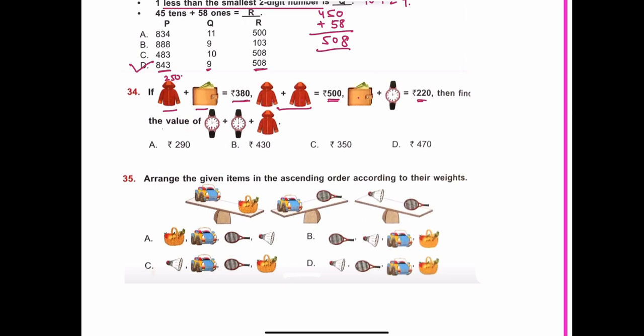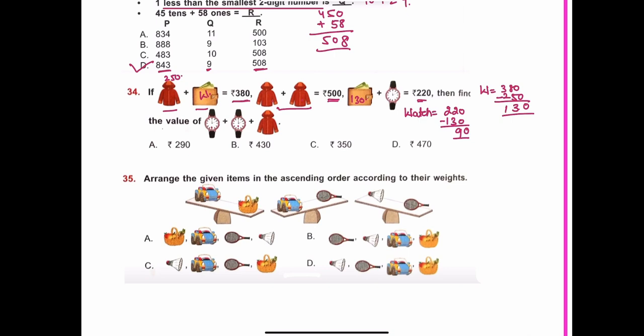So we will get the value of the wallet. The value of the wallet is 380 minus 250, so we get 130. And if we write this value here, we will find the value of the watch. The watch is 220 minus 130, so it is 90 rupees.